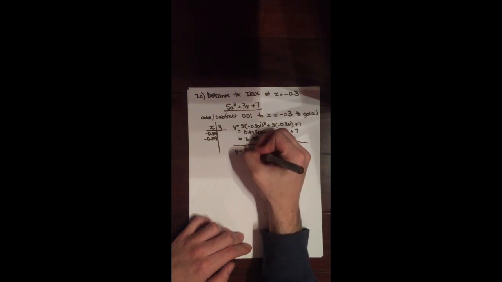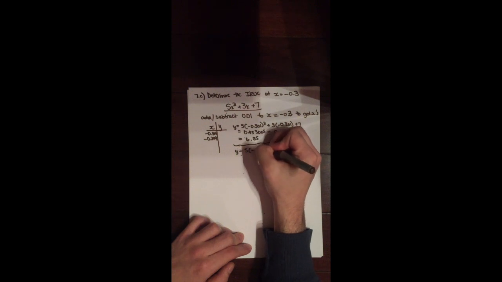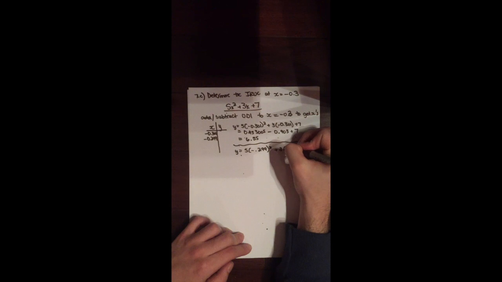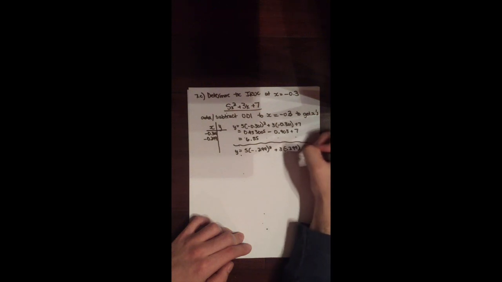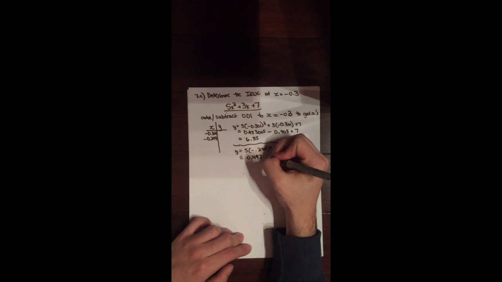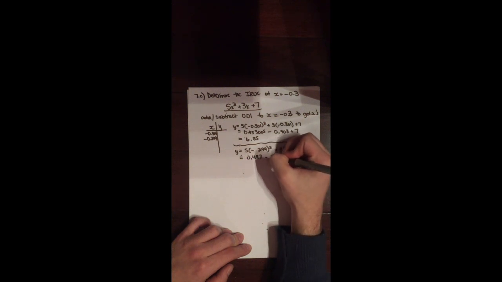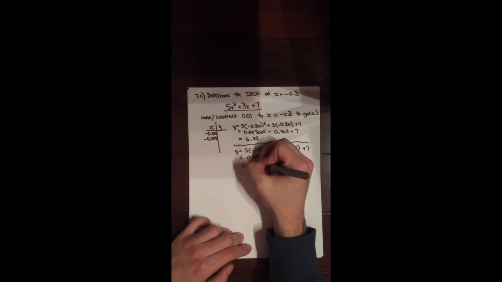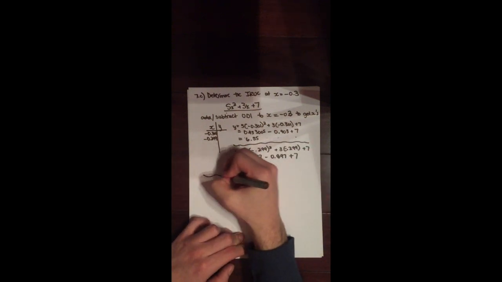Now, next step is to sub in negative 0.299 into the original equation to get your second y value. Now for your second y value, you're going to come out with the exact same value of 6.55.